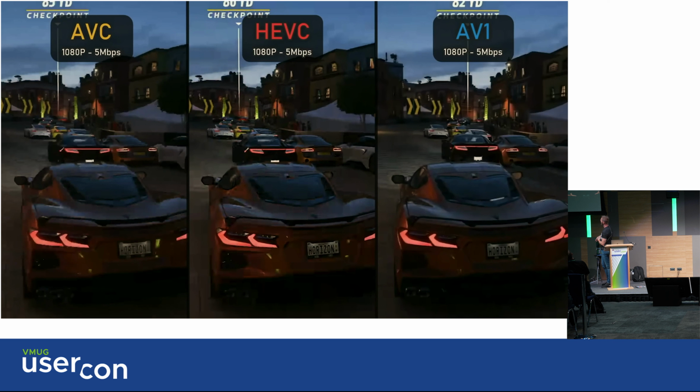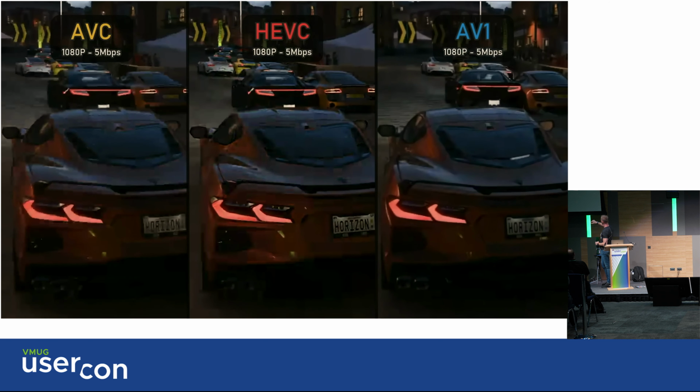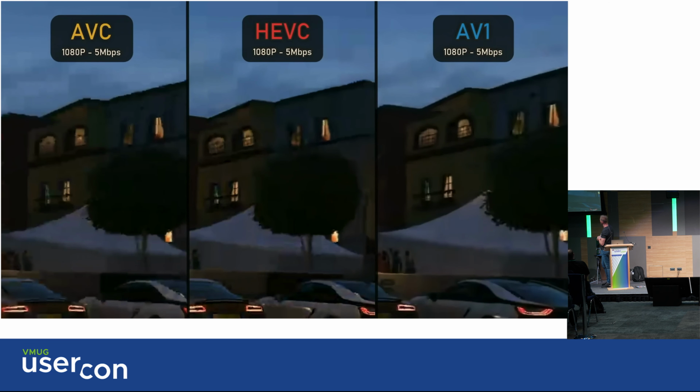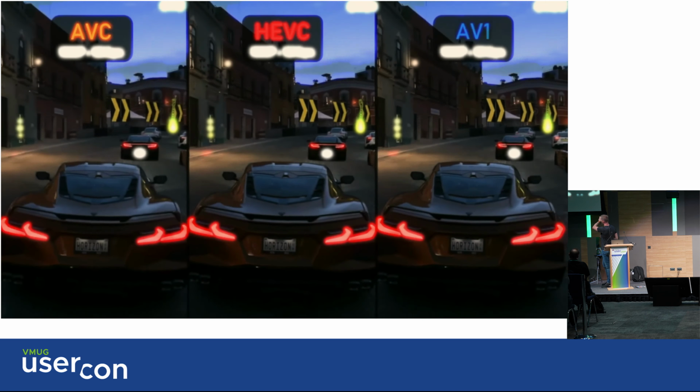We're running a game at 1080p, so full HD, with 5 MB of bandwidth. You can already see, if you look at the license plate, the difference between AVC, so H.264 on the left, and AV1 on the right. On the right, it's much sharper. Also, the details in the windows and the details in the shade are a lot better with AV1. So the quality just increases.